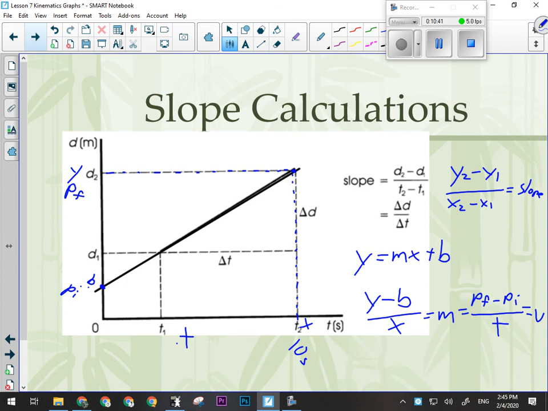When I take change in position over change in time, I get velocity. I don't have to memorize it, I can just figure it out. The same is true for any graph. When we get to the velocity versus time graphs, we'll see that the slope represents something else. Calculate it in the same way, but it represents something else. All right, everybody okay with that?